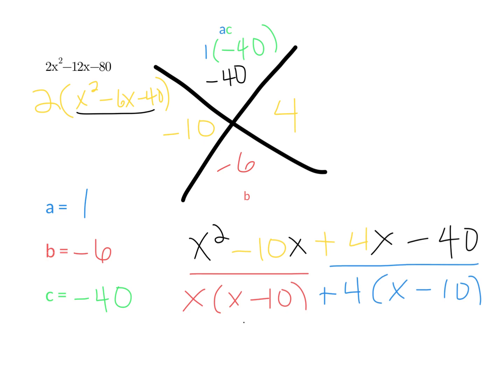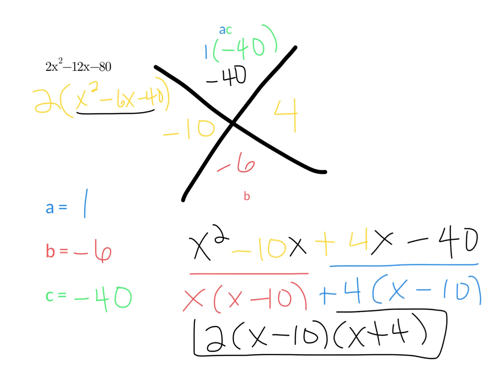When I pull out that common binomial factor of x minus 10, my other binomial factor is x plus 4, and I need to remember to take that 2 that I factored out at the beginning and put it in front of my final answer. So my factored form is 2 times the quantity of x minus 10 times the quantity of x plus 4.